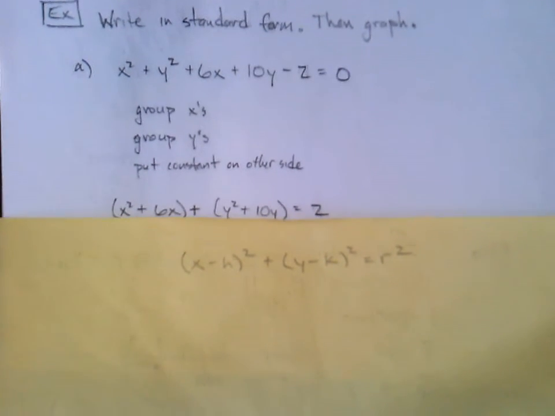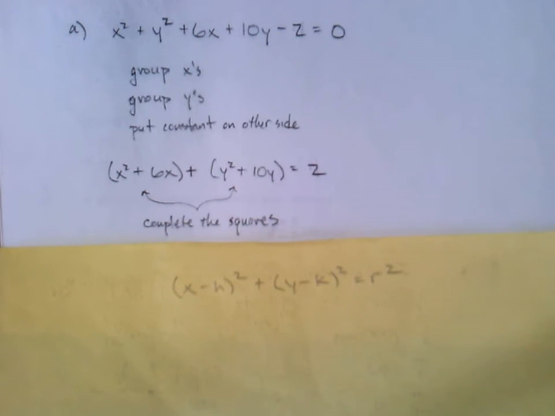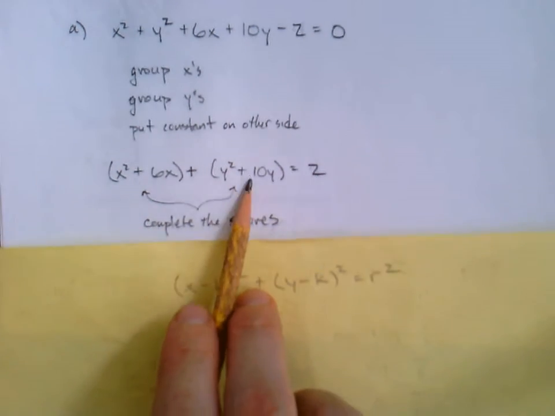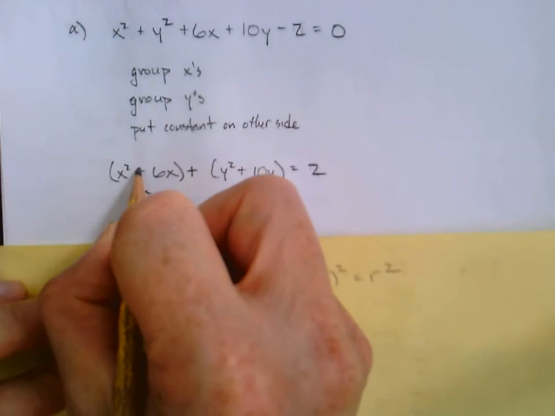Here it is again in a whole new context. We've got to complete the square, and we've got to do it twice. We're going to complete the square on the x, and we're going to complete the square on the y. Let's see what that looks like for both of these.